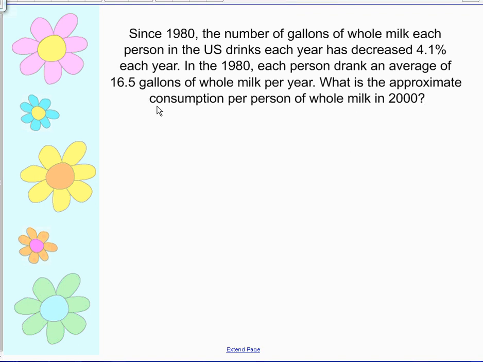All right. So we need to figure out, we have our formula y equals a times b to the x power. So I need to just figure out the parts here. So I have y equals, well, what's my initial amount?